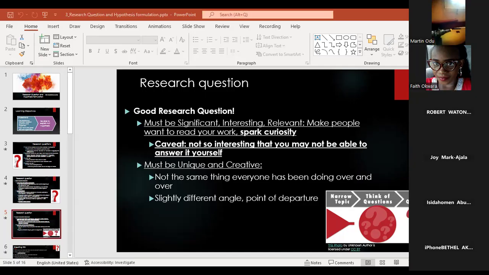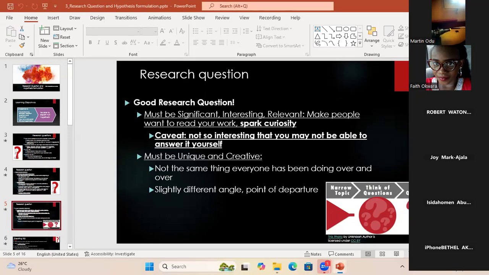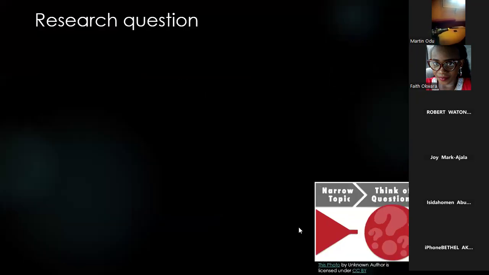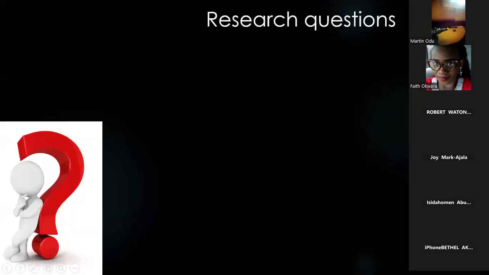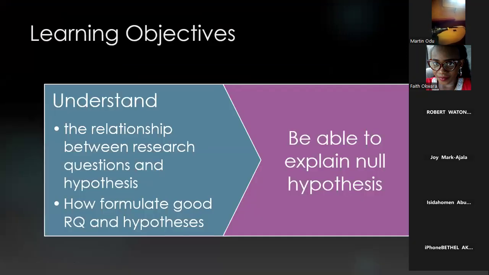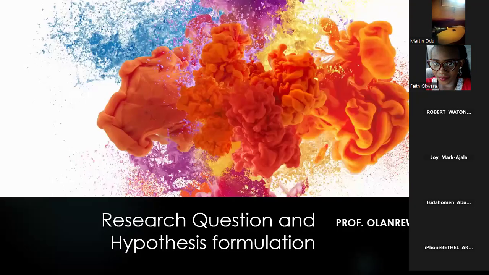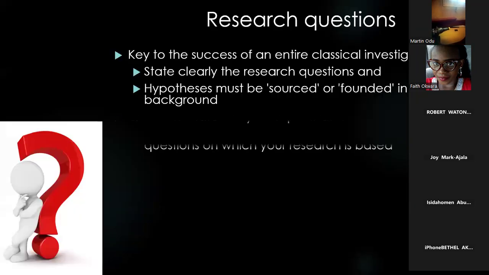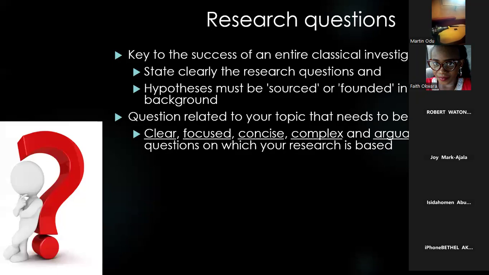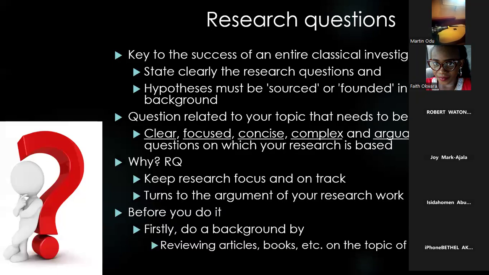Okay, so it must be clear. I do not need to read 3, 4, 5 times before I understand what you're trying to do. Okay, it must be focused. Your research question should clearly give me an understanding of which direction you are going. I've seen some very, very complicated research questions in my life.